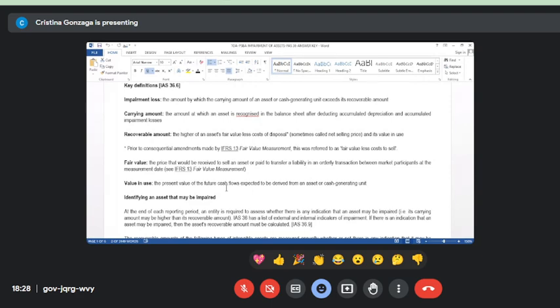So pag naggagawa tayo ng annual cash projection, the annual cash projection should be at least 5 years. Hindi 1 year, hindi 2 years, hindi 3 years, hindi 4 years, at least minimum of 5 years.